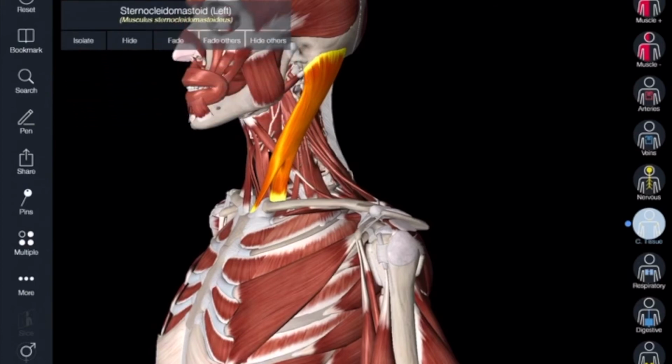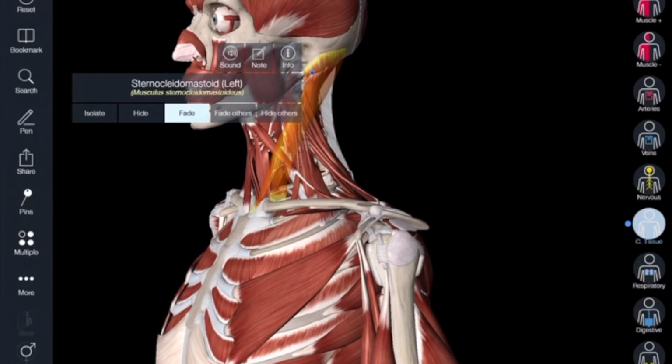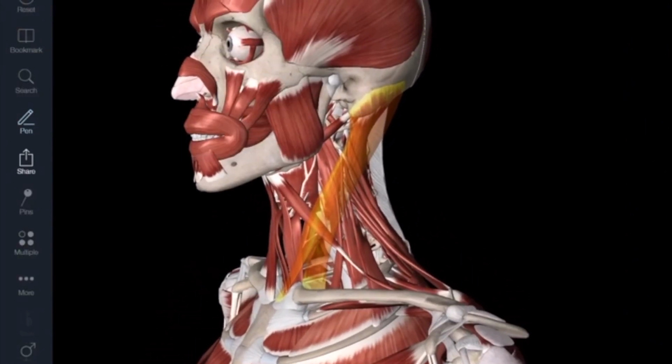Let's go back and fade this again and see how it attaches here to the mastoid. Let me make it a little bigger. Okay, it attaches here to the mastoid process, which is right here. So it has fibers that are back here, and it has fibers that are up here. If these fibers back here attach and pull on the head, the head is going to turn and face upward, right?